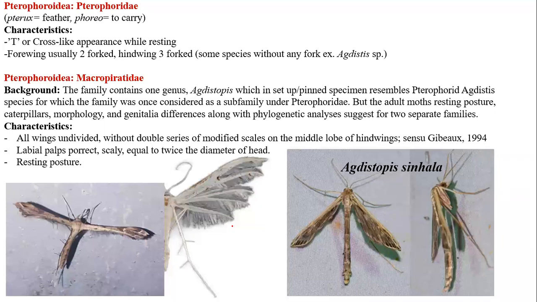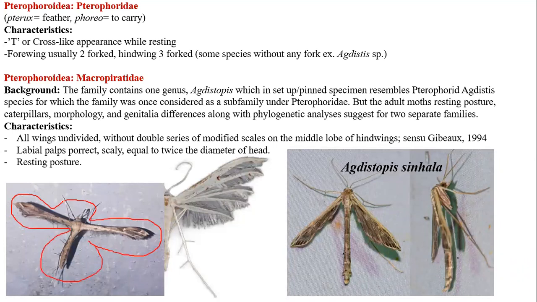I think that among the microlepidopteran groups, identifying this family is very easy because the moths at their adult stage often have a very interesting resting posture, which looks like the cross of Jesus. You are seeing here that their resting posture looks almost like the cross of Jesus. And this is why one of my friends called these moths Jesus moths.